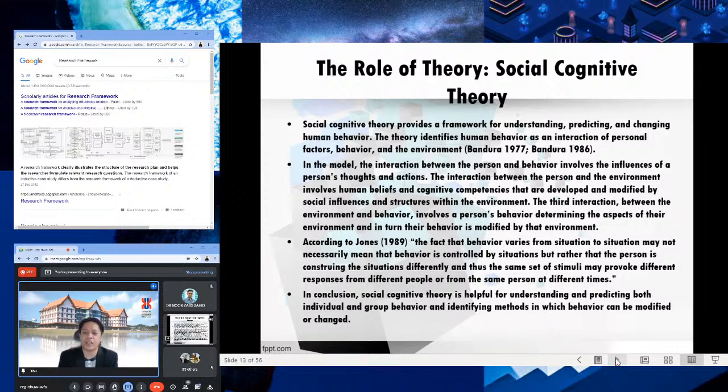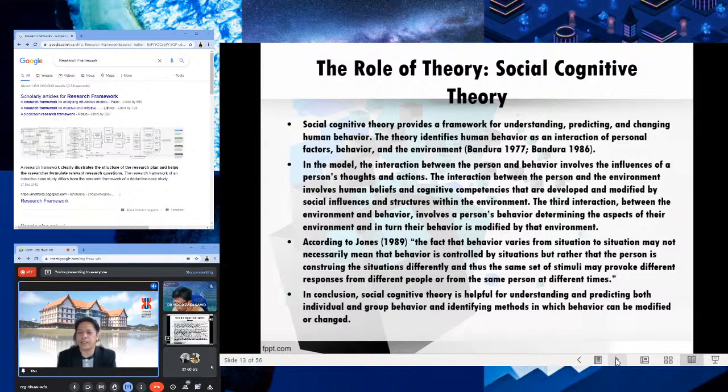Okay, about the social cognitive theory. When we discuss it, we need to understand that social cognitive theory provides a framework for understanding, predicting, and changing human behavior. So this is also an important role of the theories, to see human behavior as an interaction of personal factor, behavior, and the environment. I mean the interaction between these factors: the personal or human factor, the behavior, and also the environment.